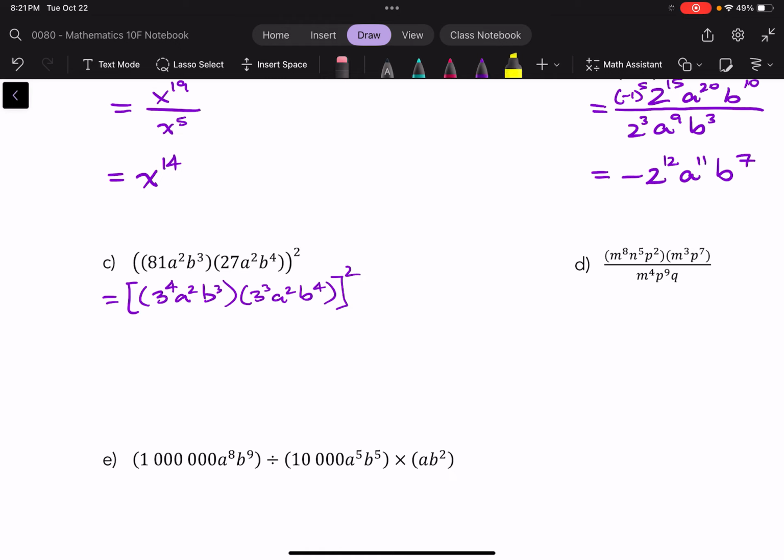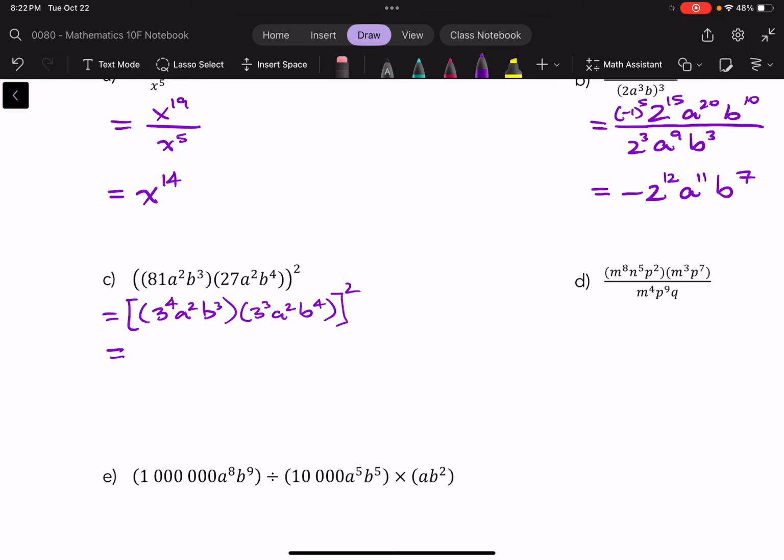So I've still got these a squareds, these b cubes, these a squareds, these b to the 4s, this exponent of 2 outside. Those are all the same. The only thing that's changed is turning this 81 into 3 to the 4, and 27 into 3 cubed. So we should always be able to see what matches with what.